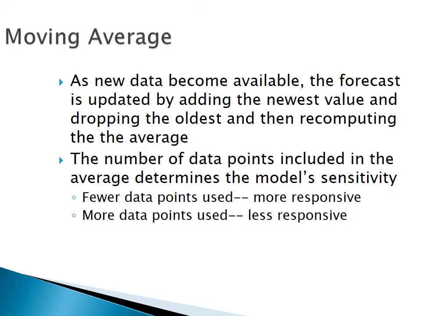In this moving average, as we keep on getting new information, we have two inputs. One is the actual: A_T stands for the actual in time period T, and F_T stands for the forecast in time period T. The actual has to happen first, so it cannot be known before.